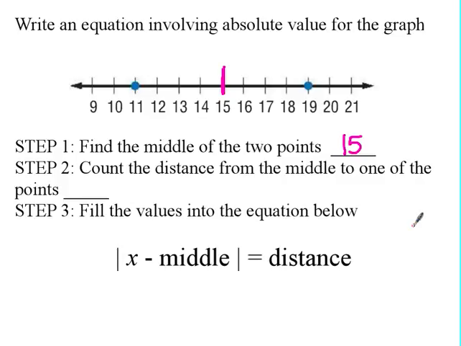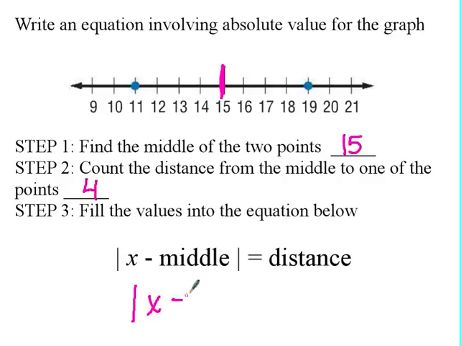Count the distance from the middle to one of the points. So from 15 to either 11 or 19, doesn't matter. What's the distance? 4. Fill the values into the equation below. Okay, so x minus middle equals distance. So my equation will be x, and then what? 15.